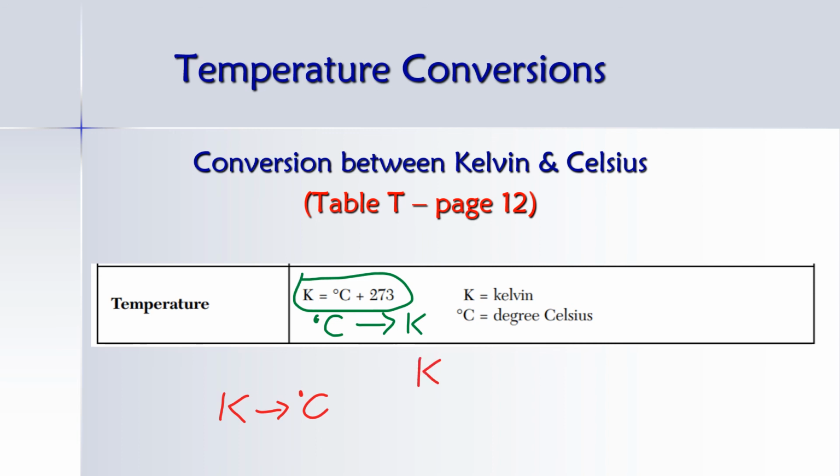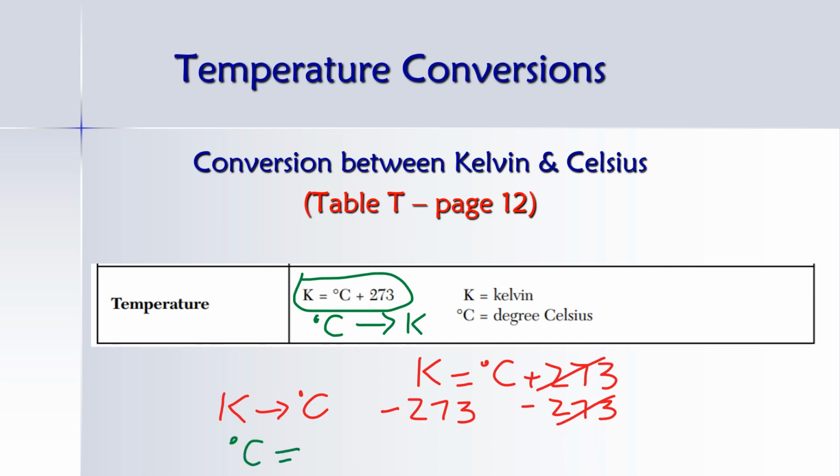Very simple. Start with the equation, K equals degrees Celsius plus 273, and then subtract 273 on both sides so that it gets cancelled on the right hand side, and now we only have it on the left hand side. So overall, our equation becomes degrees Celsius equals whatever temperature we have in Kelvin minus 273.